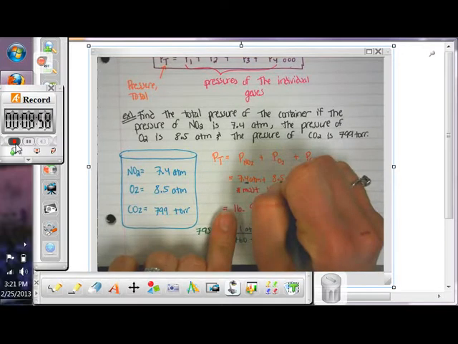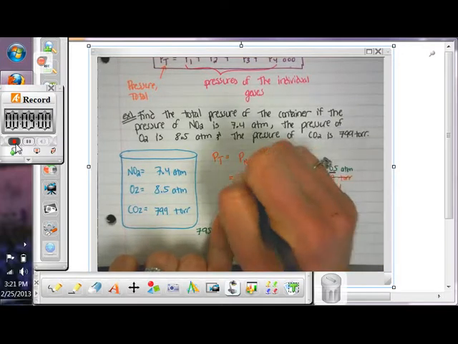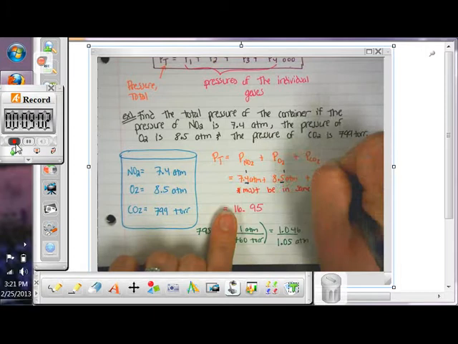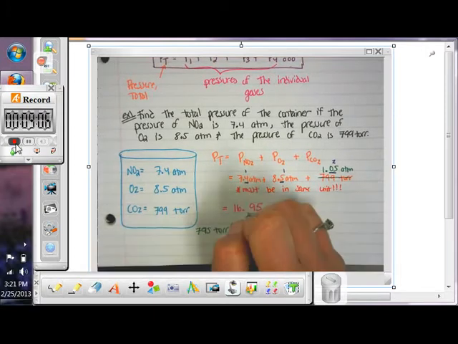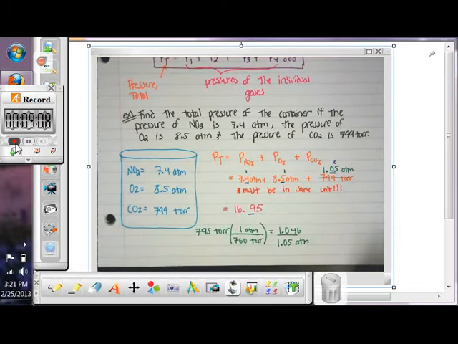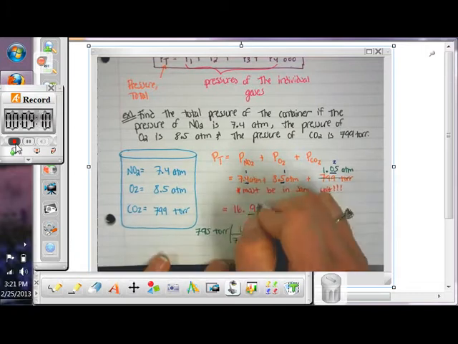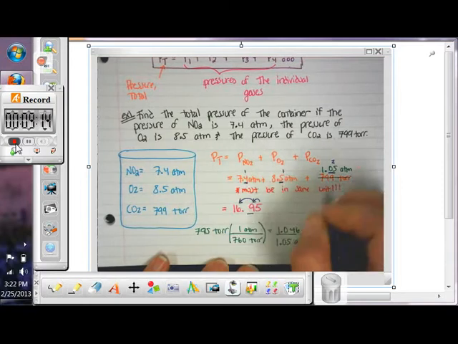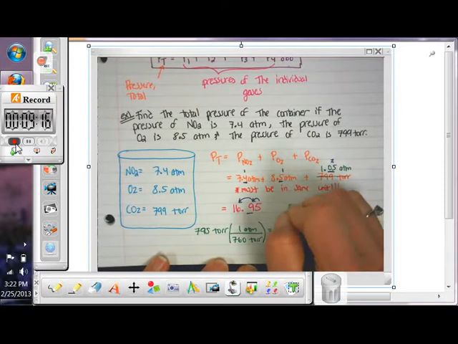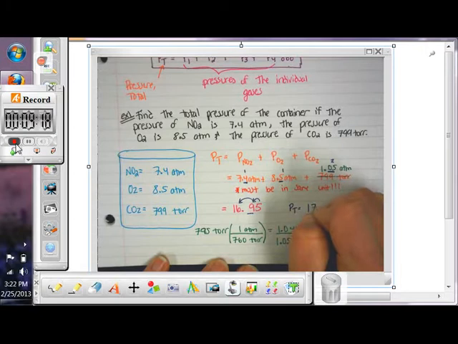This guy has 1, this guy has 1, this guy has 2. The lower number of decimal places is 1, so my answer has 1 decimal place. So the 5 bumps the 9 up, which bumps that guy up. So my final answer is pressure total equals 17.0 atm.